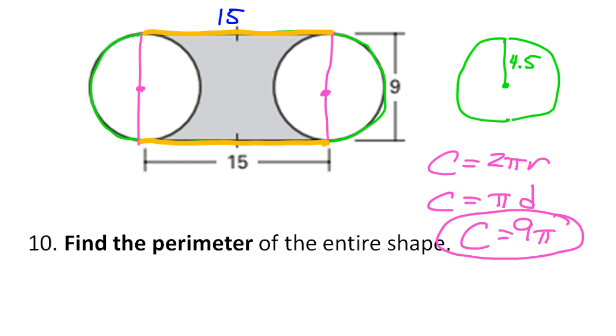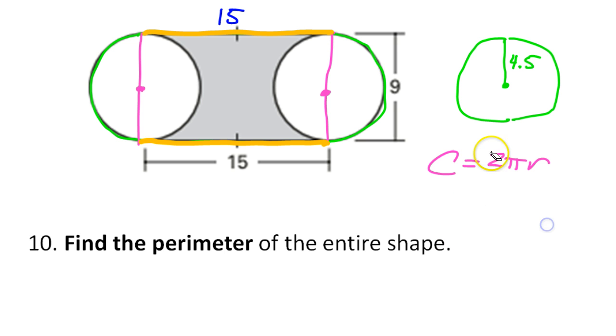However, if you just cannot handle one more slightly different formula, then you will have to go through these extra steps of taking the 9, dividing it by 2 to get 4.5, and then going, okay, so 2 pi times 4.5. But the first thing you do is 2 times 4.5, and you get right back to 9 again, 9 pi.